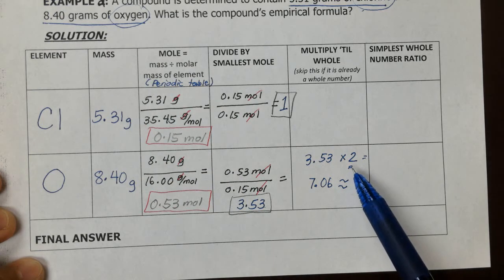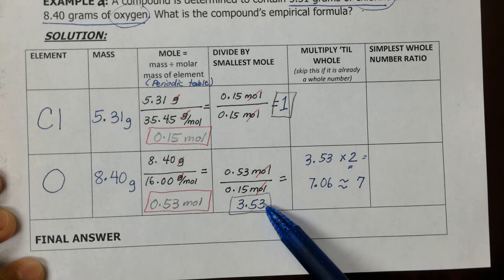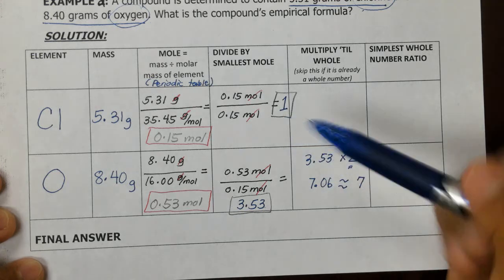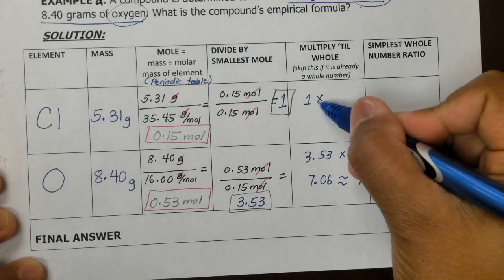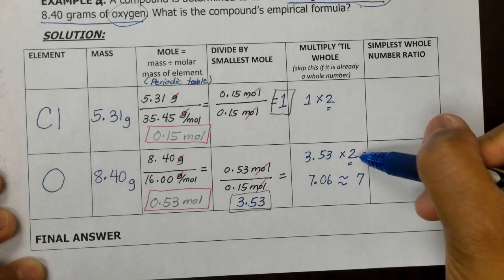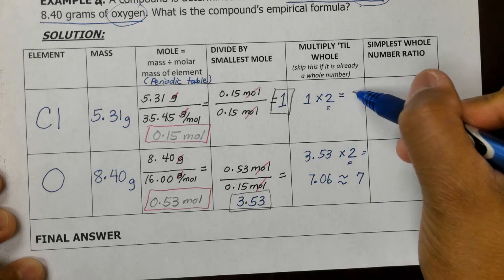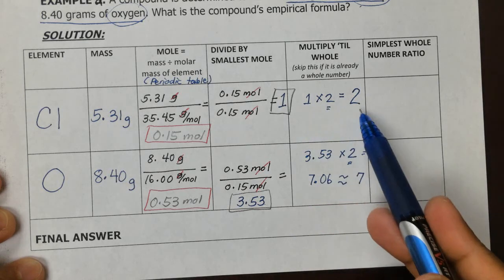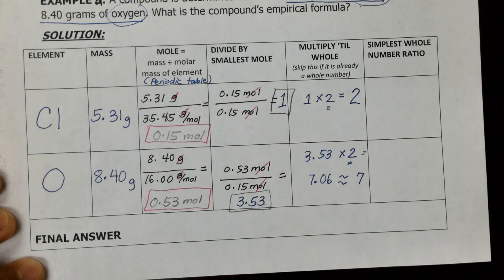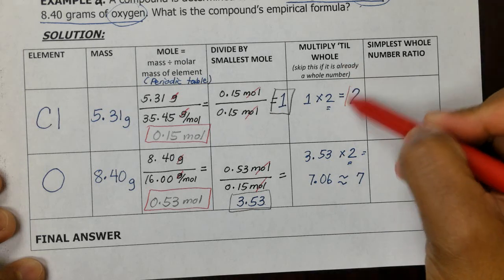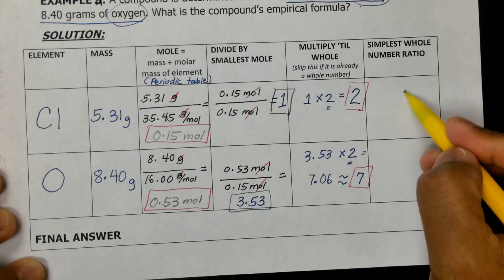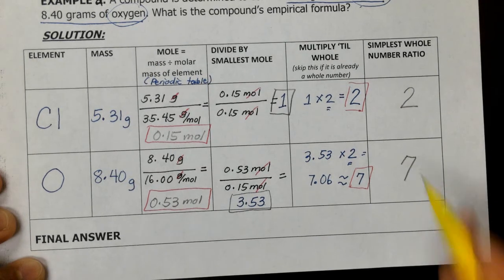And whatever we do to this number, you have to be fair and square and do the same to the previous number as well. So the 1 here will have to be multiplied by whatever your multiplier is and get its new product. So 1 times 2 becomes a 2, and of course this one is now a 7. So therefore, our simplest whole number ratio will now be your 2 and your 7.